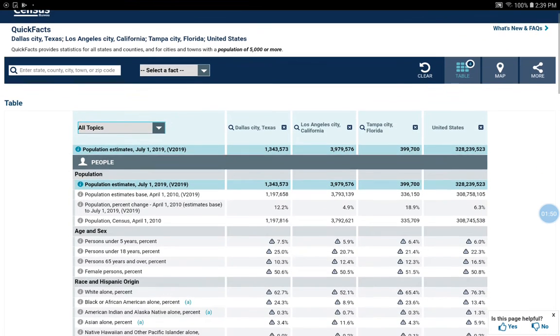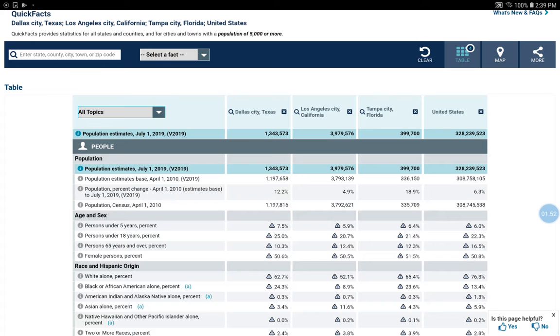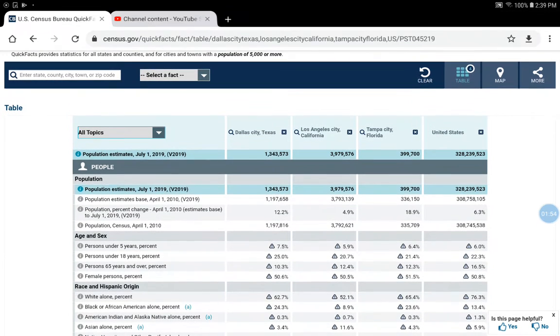Okay, and what it did is it built a chart that allows me to easily compare the data. The first thing we're going to look at is population, which is that first top line. It has a population estimate for 2019. Looking at that population, it looks like Los Angeles is our largest city, Dallas, Texas is the second largest, and then Tampa follows behind.